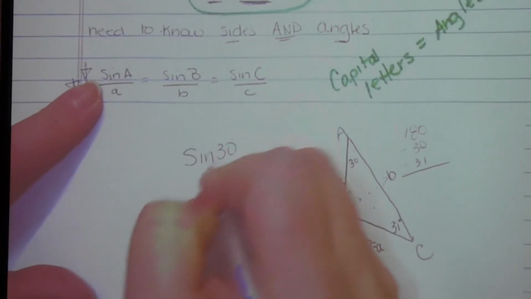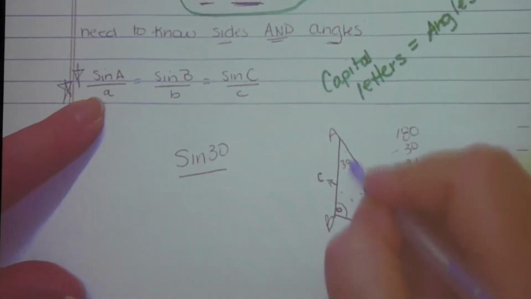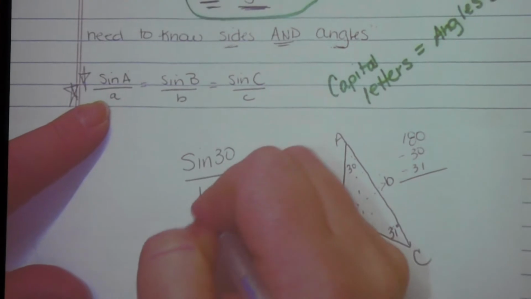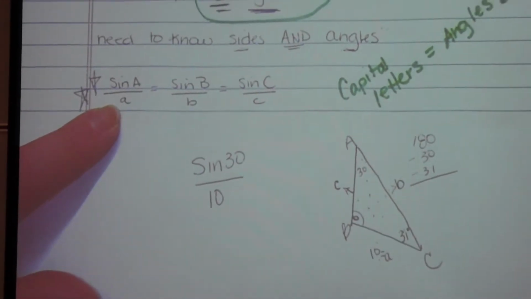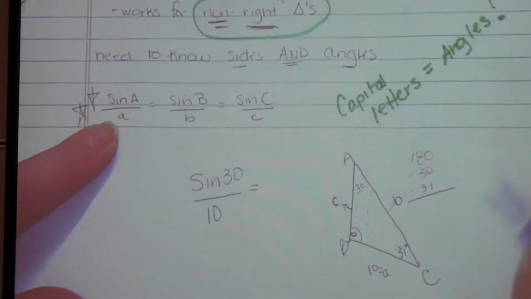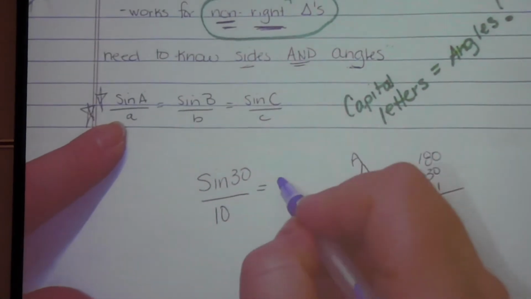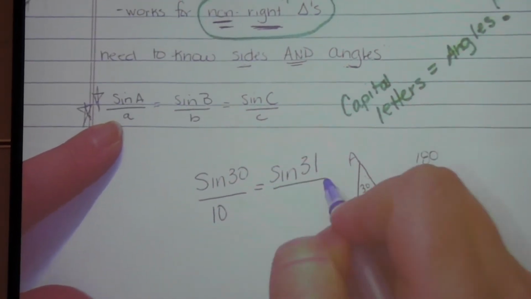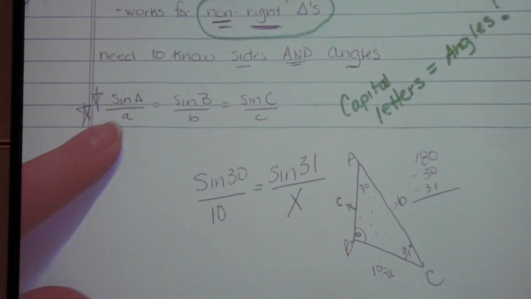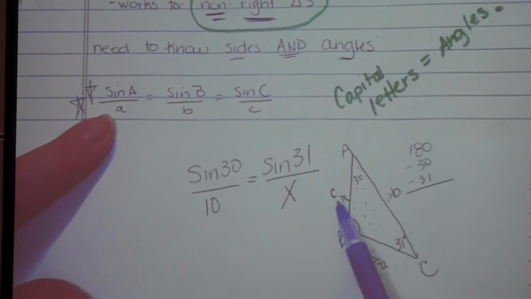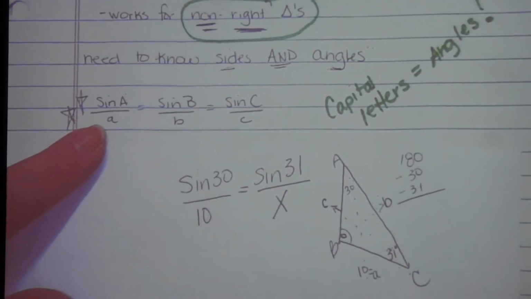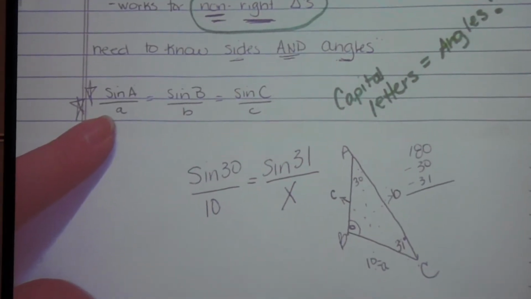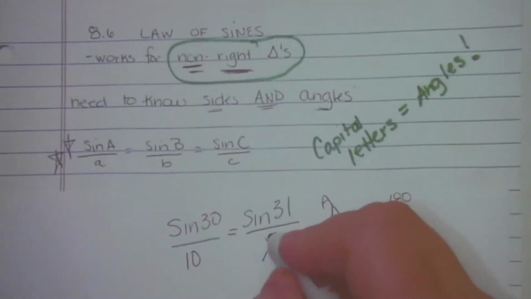So the sine of 30 over the side across from it, which we said was 10, when I just made that up a minute ago, is going to equal, if I'm looking at C right now, the sine of 31 over the side across from it, which I called little c here and I called x here. Don't be confused, same side. We can call it c there if we wanted to, just to be consistent. Consistency is probably nice.